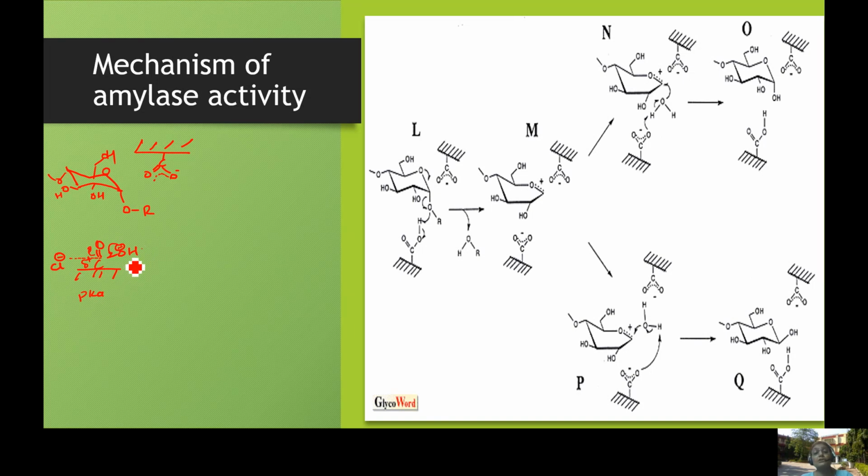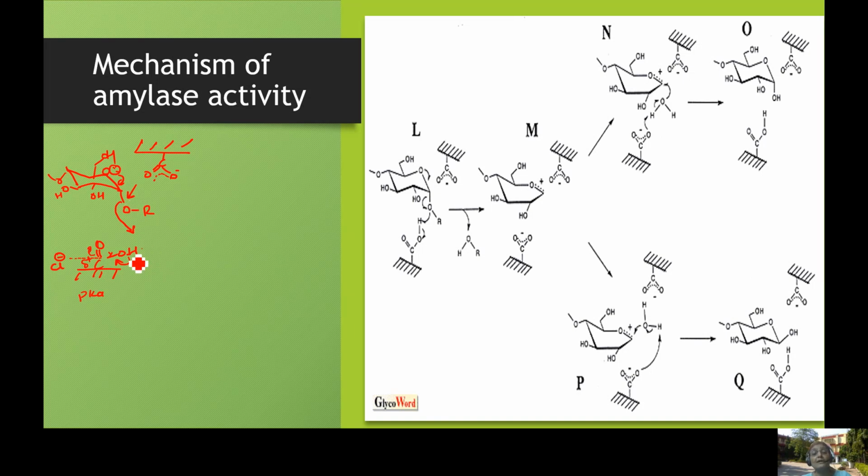Now this proton is very, very important for the hydrolysis of the glycosidic linkage. That is how it is. So it is very, very important for the hydrolysis of the starch 1,4-glycosidic linkage.